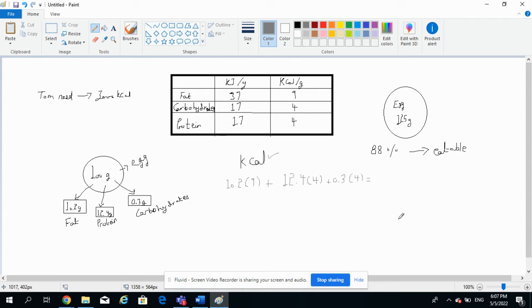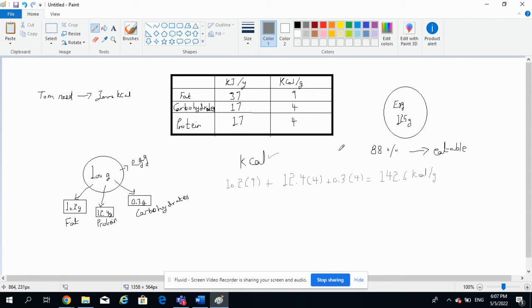So when you pull out your calculator and type all these values, you will get an answer of 142.6 kilocalories. Okay, now this is the value of fat, protein, and carbohydrate in a 100-gram egg. Okay, a boiled egg.